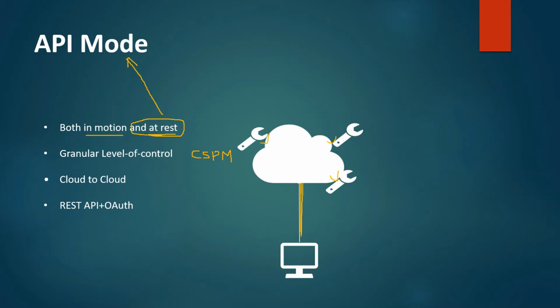And in addition, another advantage is since it's integrated and attached to the cloud, it can also perform cloud-to-cloud transaction security controls. And one thing to note is that most applications will provide a RESTful API, and the authentication of the API uses the OAuth protocol, OAuth 2.0.